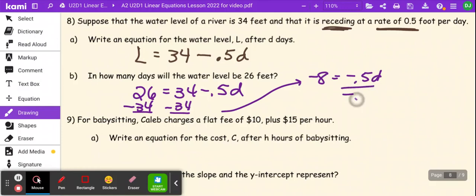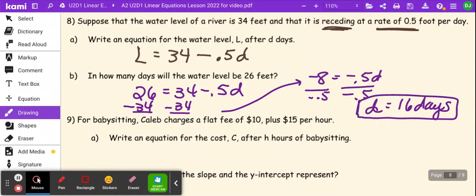Then we're going to divide by -0.5. And so if you do that, we get 16 days. And that makes sense if I'm receding half a foot per day. Think about it if you're starting at 34 feet. When will you get to 26 feet?